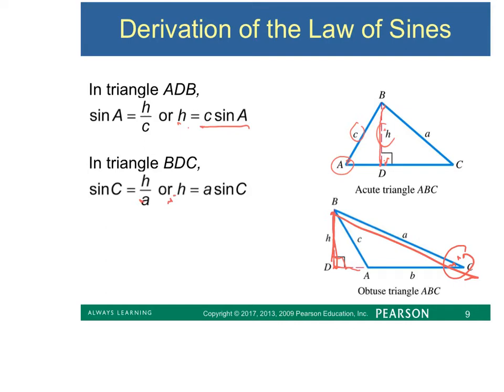You can solve that for h as well. H is a sine of C. Well, if they're both the same h's, then what he's telling you is you can set them equal to each other. C sine of A must be equal to A sine of C.